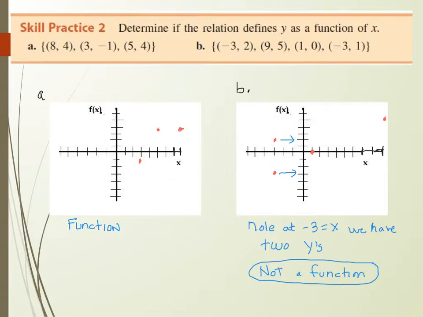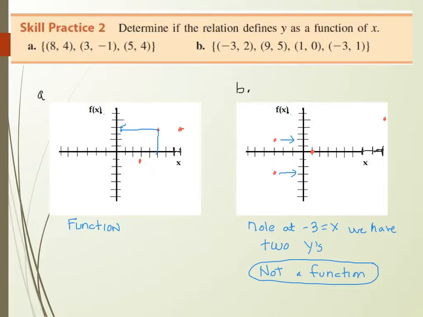In practice 2, we determine if the relation defines y as a function of x. So in part A, we just put the points on the xy coordinate system, and we see that for each value of x, there is only one value of y. So for A, it is a function.